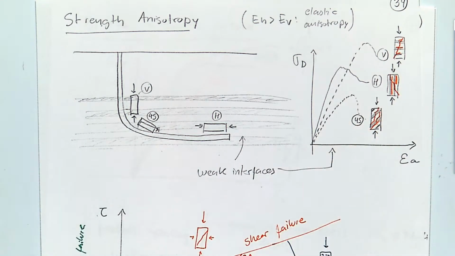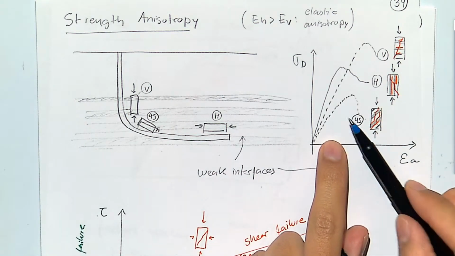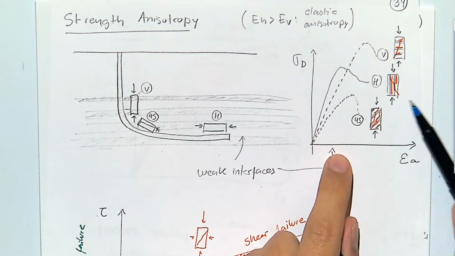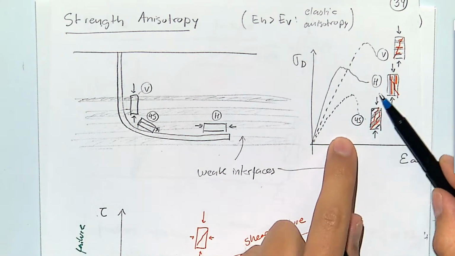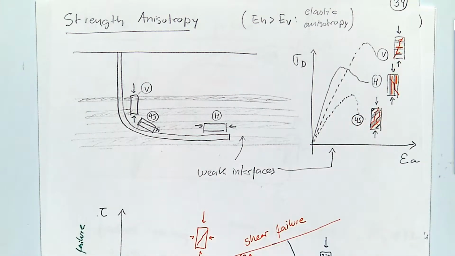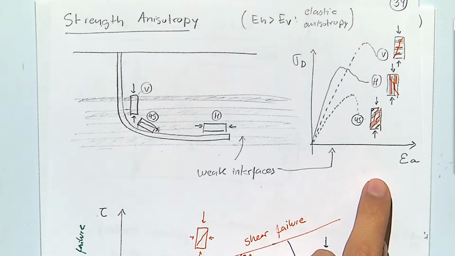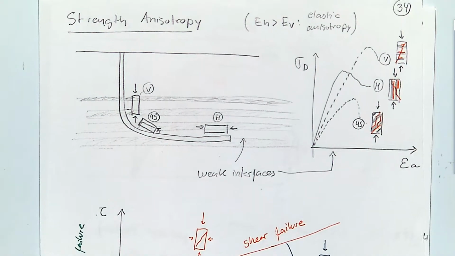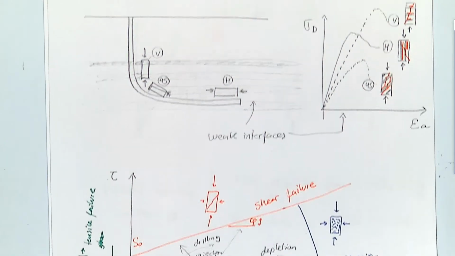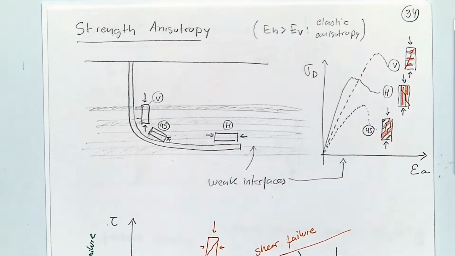The rock is going to be stiffer or softer, depending on which direction you test it, and also the strength is going to be different. And the way it breaks is going to be different too. And how it breaks is going to affect, for example, how you drill a wellbore or how you make a hydraulic fracture.